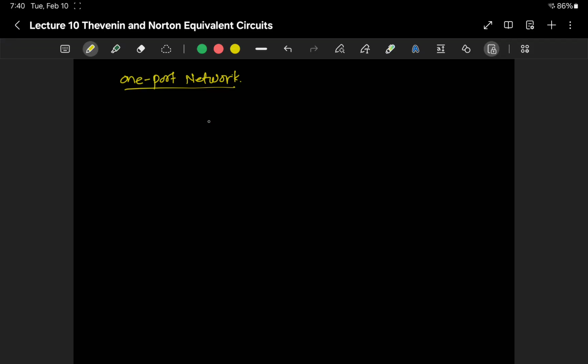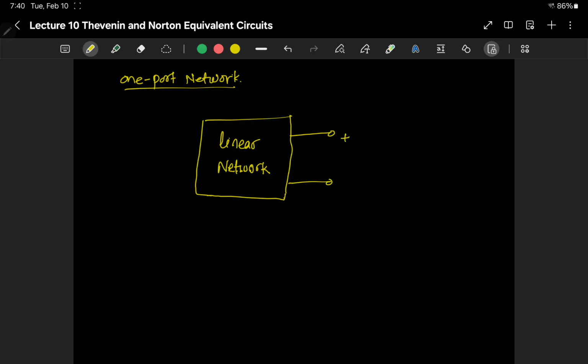So for example, if we have a linear network, let's say this is a linear network, and this is a port, basically two terminals where we can connect any load, such as the terminals coming out of our utility.